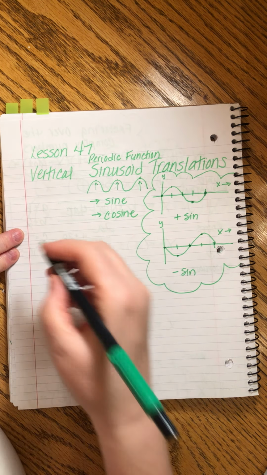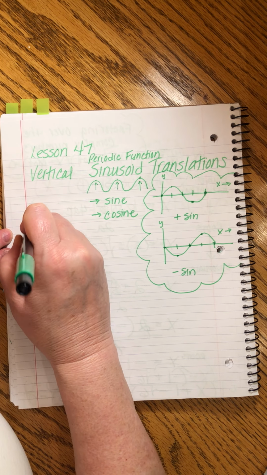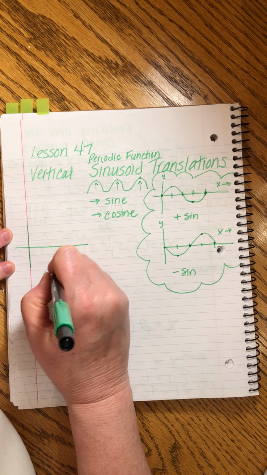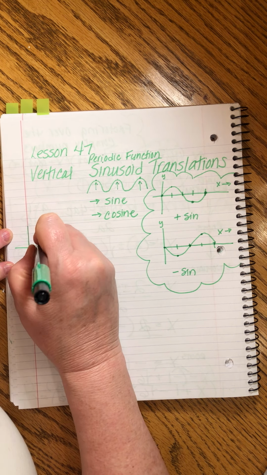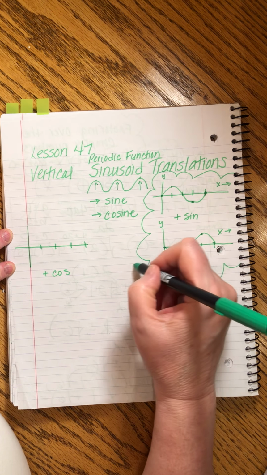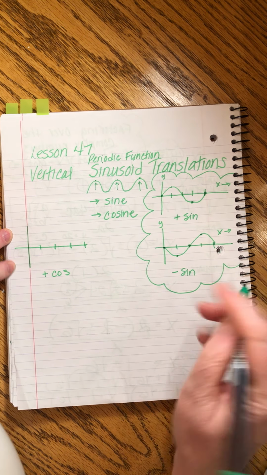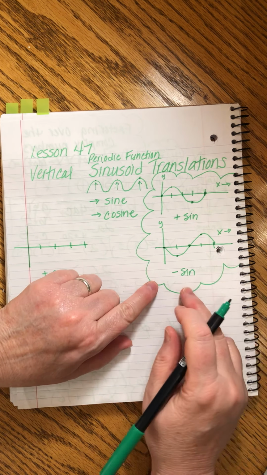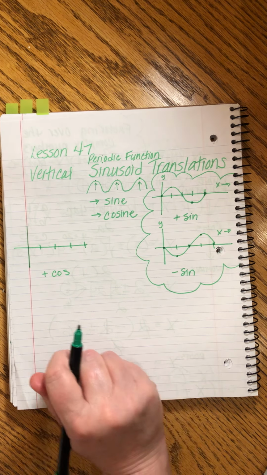Let's look at cosine over here. So this will be our positive cosine function. Again, we have the 90 degrees. And again, this keeps repeating, and it repeats in the negative direction too, doesn't it? I'm just keeping my pictures simple. I'm showing you one period of each of these.